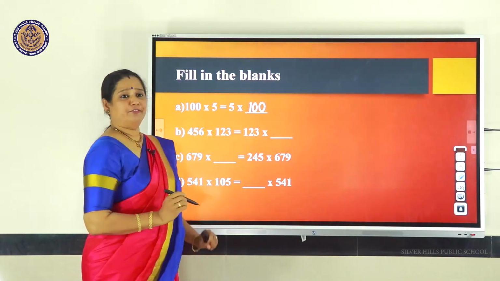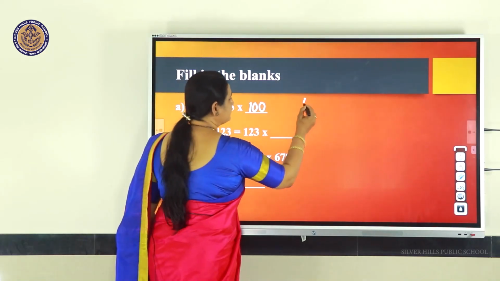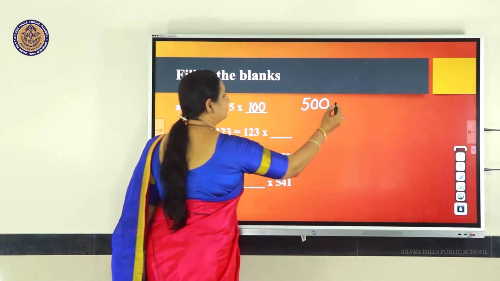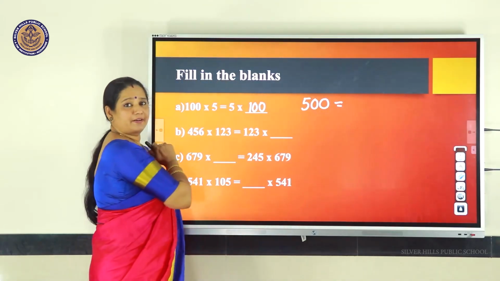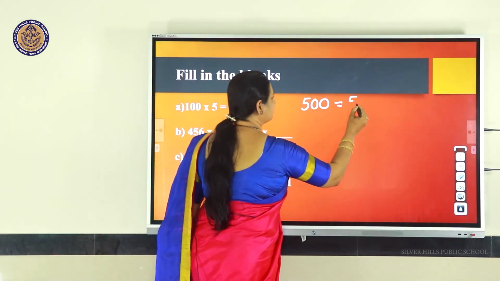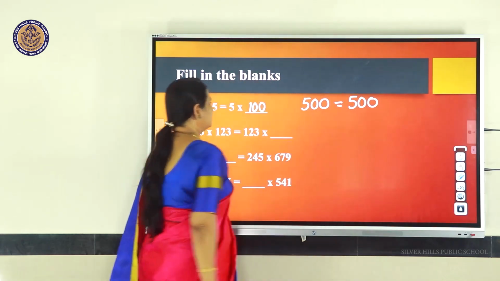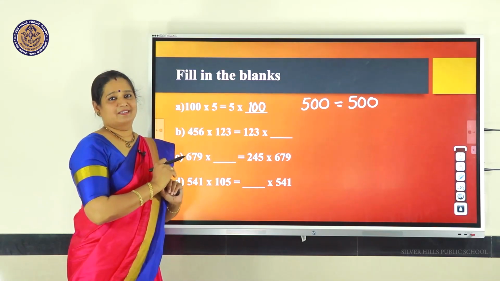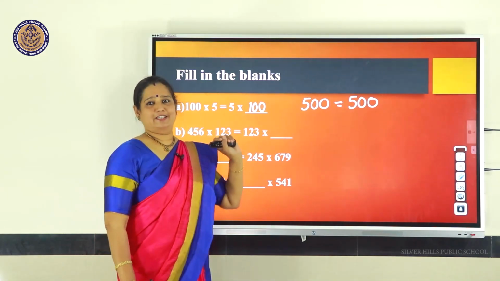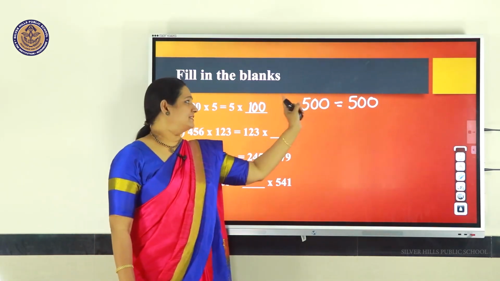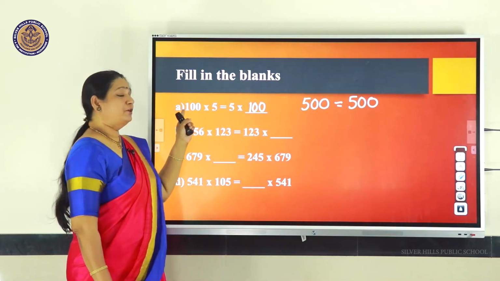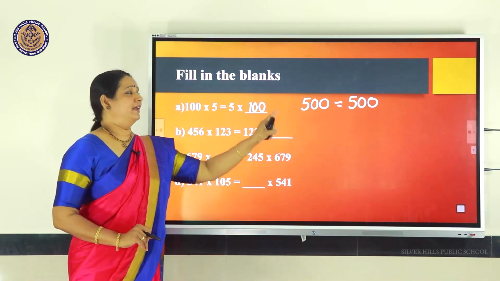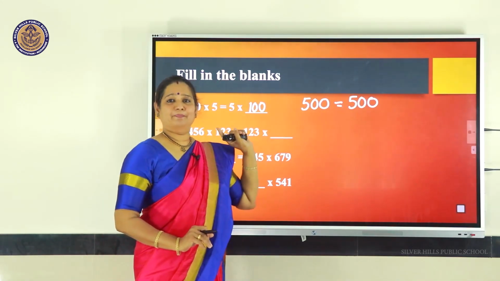What is 100 into 5? 100 into 5 is 500. 500 is equal to 5 into 100 is 500. So, we have changed the order, but we got the same product. Both sides you got the same answer. When you multiply 100 into 5 or 5 into 100, the product is the same.